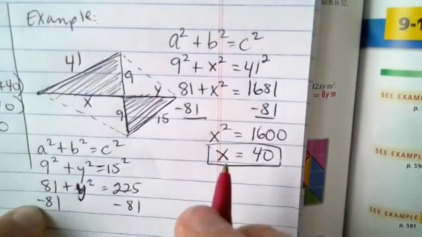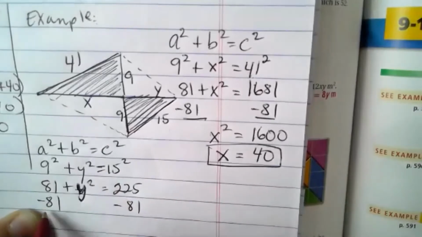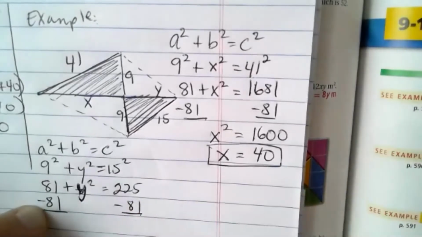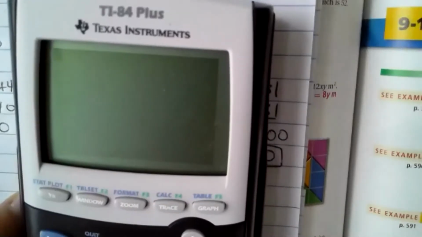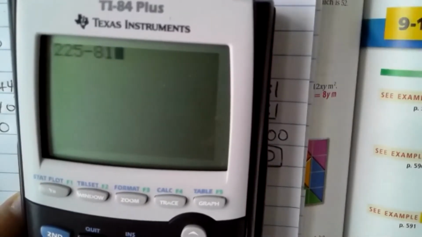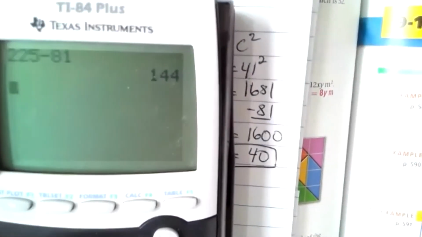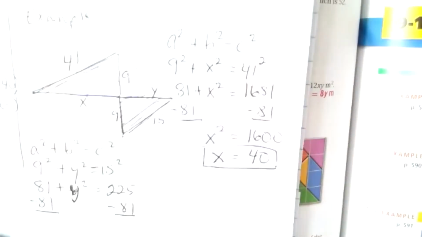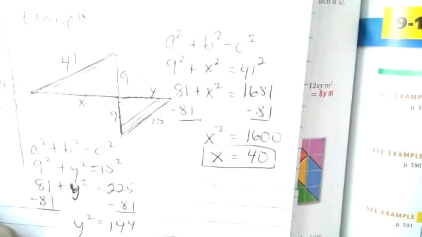So now let's go over to the next part, and we're going to subtract 225 and 81. So let's do that quickly. 225 minus 81 equals 144. Okay. And we all know what the square root of 144 is. So we've got y equals 12.